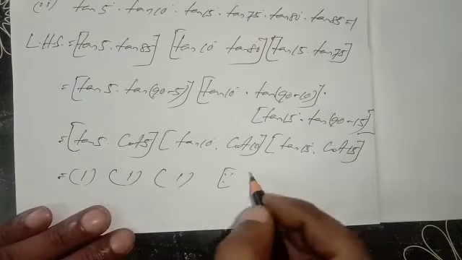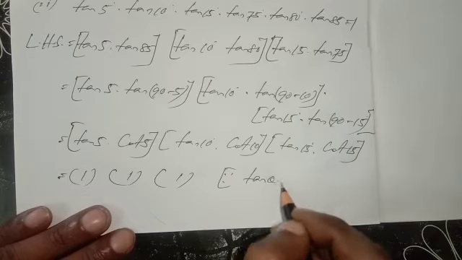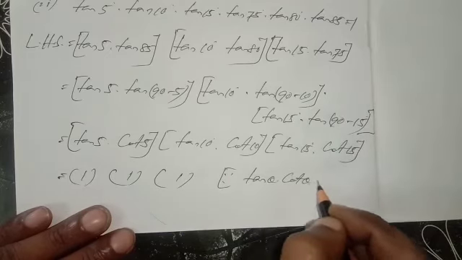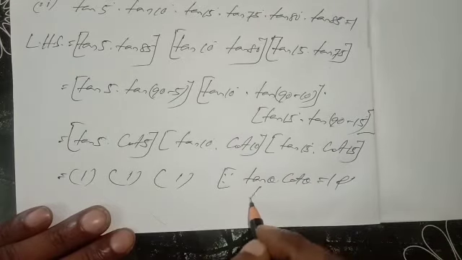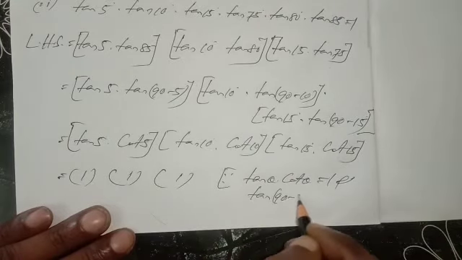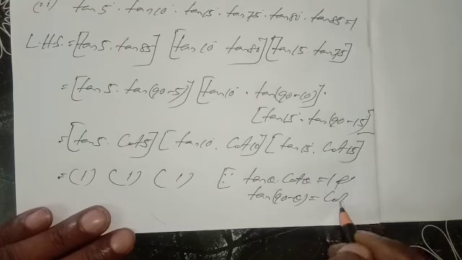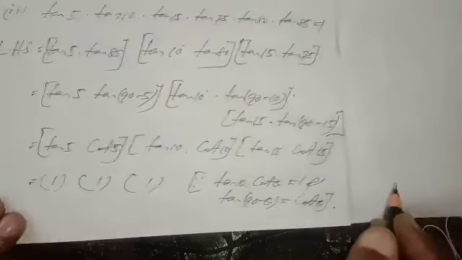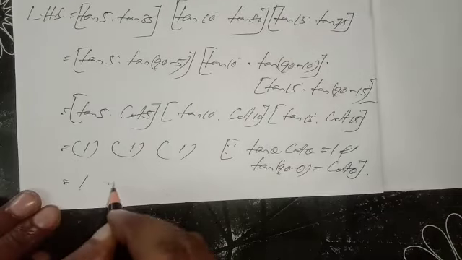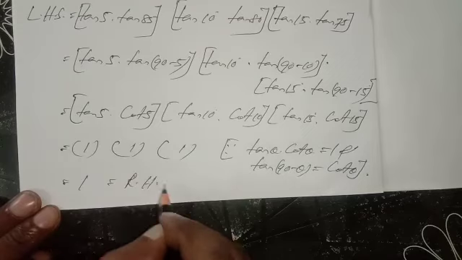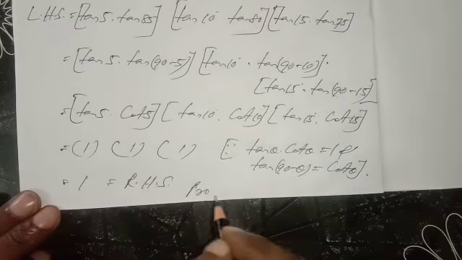Since tan theta into cot theta is equal to 1, and another formula that I have written here, tan 90 minus theta is equal to cot theta. These two formulas I applied here. So finally, how much are we getting? If you multiply 1 three times, that means 1, which is equal to the right hand side. In this way, the second part of number 6 is also completed.